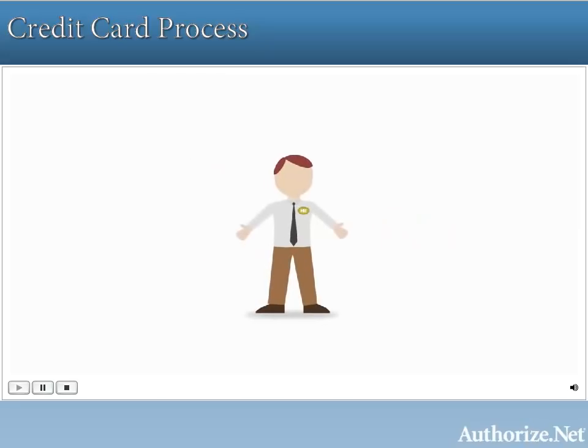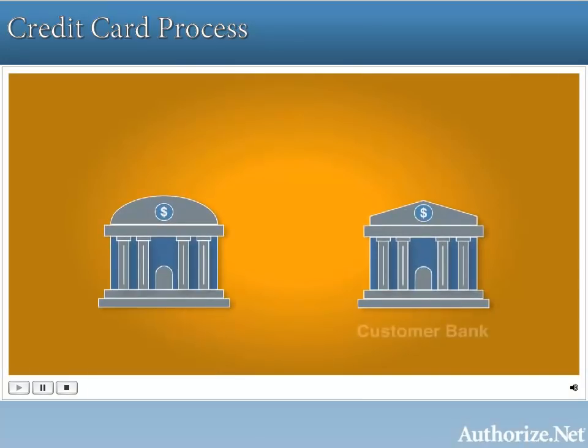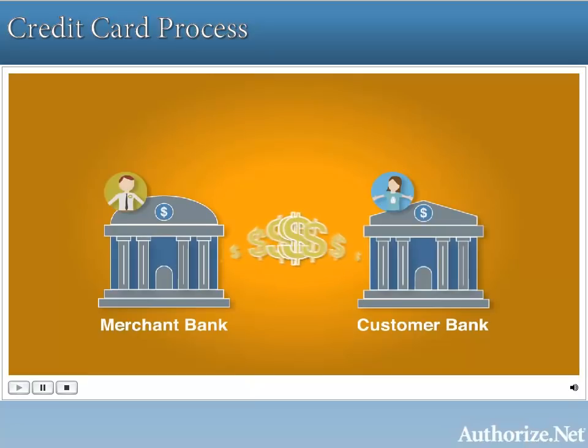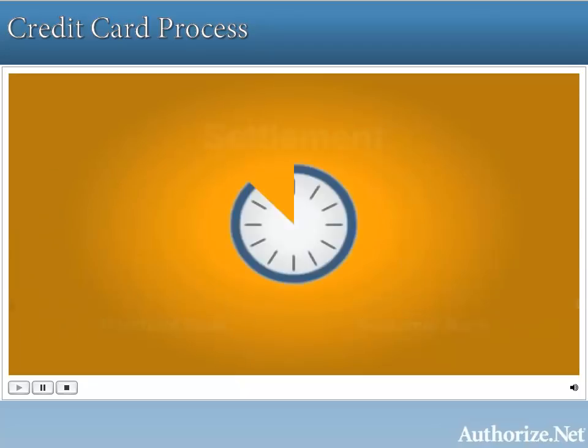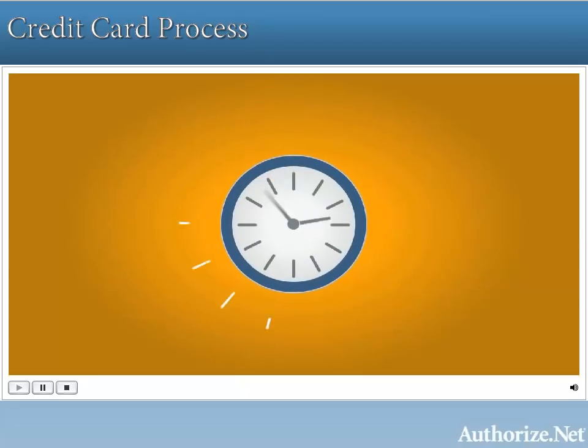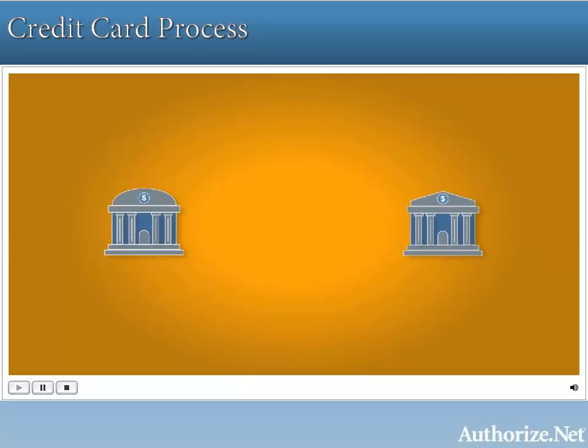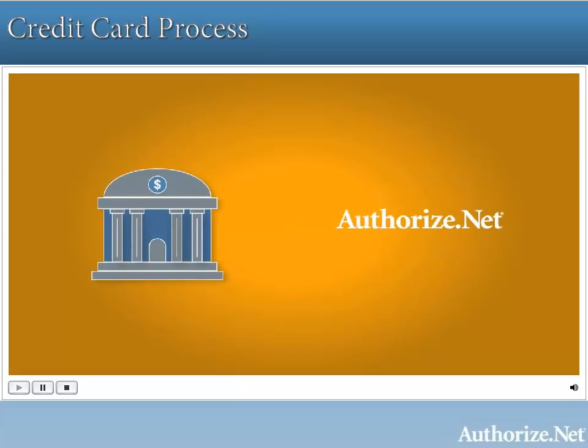However, the merchant doesn't have their money yet. The process of transferring money from the customer's credit card or bank account to the merchant's bank account is called settlement. Settlement usually occurs once each business day. During settlement, the banks connect to each other. Authorize.net begins the settlement process by aggregating the daily transaction details and sending them to the merchant's bank.